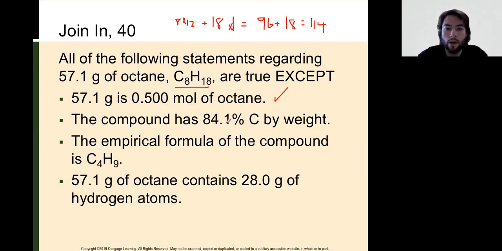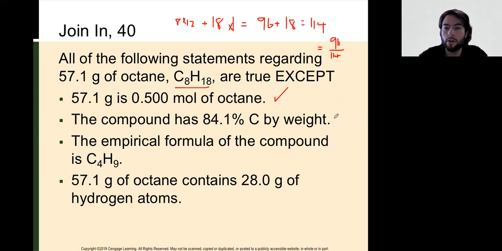The compound is 84.1% carbon by weight, so let's see, that's going to be 96 over 114. That's going to be equal to what? 96 divided by 114 is what number? Let me get my calculator. 96 divided by 114 is 84.2.